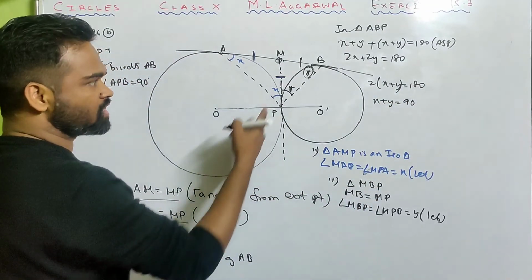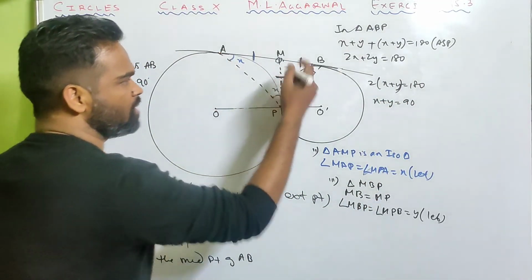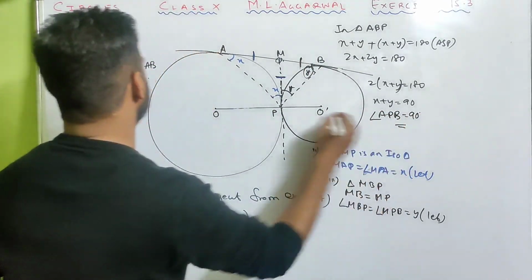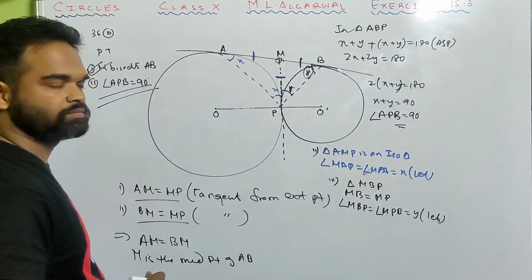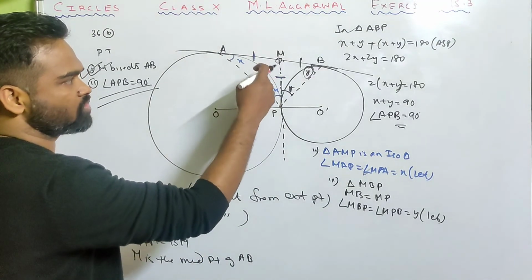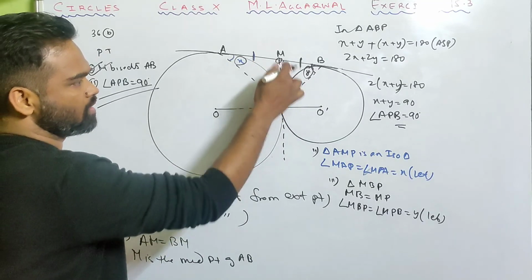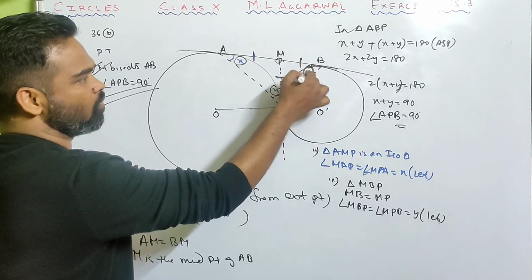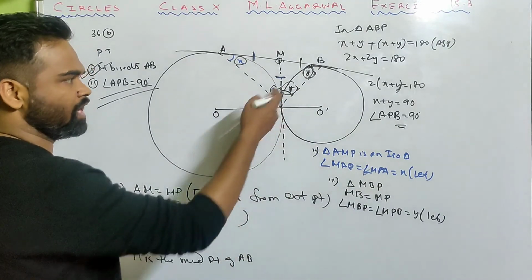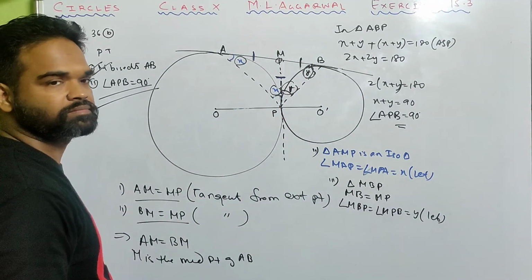Yes or no? And what is X plus Y? X plus Y is nothing but APB. So angle APB equals 90 degrees. Proved. Very easy. This triangle is an isosceles triangle, X, X. This is an isosceles triangle, Y, Y. Add all the angles, it equals 180 degrees.